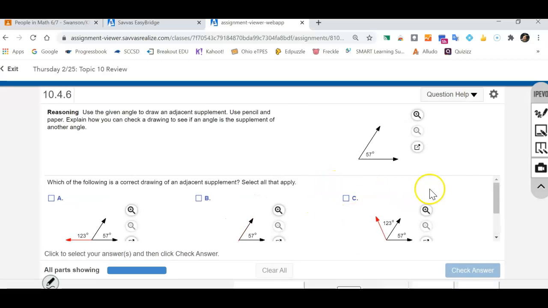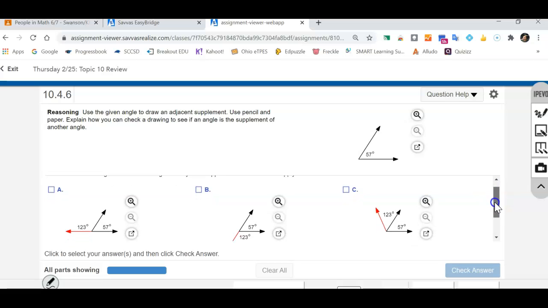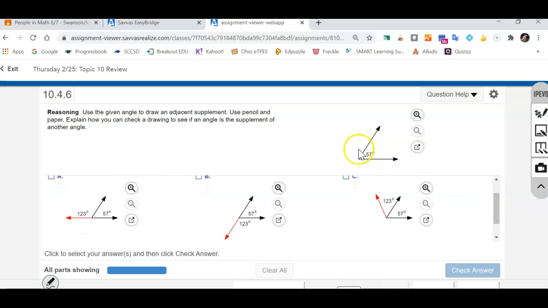Adjacent. What does adjacent mean? They want an adjacent supplementary angle to 57. LJ, what's adjacent mean? Complementary would mean that you would subtract it from 90. What's adjacent? Supplementary. What's the word adjacent mean?